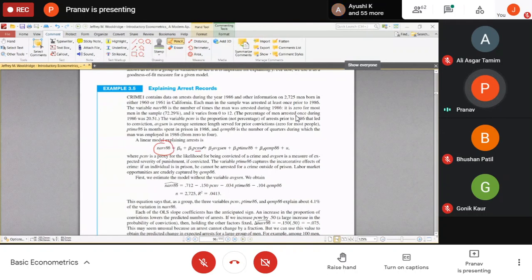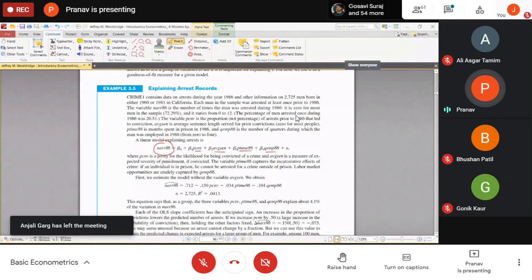And all this PCNV stands for the proportion of arrests prior to 1986, that is percentage of conviction, average sentence in prison, that is average sentence length, prison time in 1986, and quarter of employment, I guess, the number of quarters during which the man was employed in 1986.